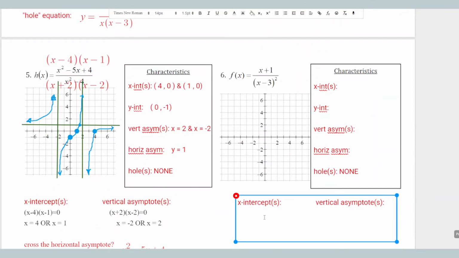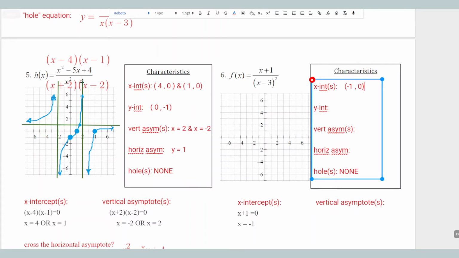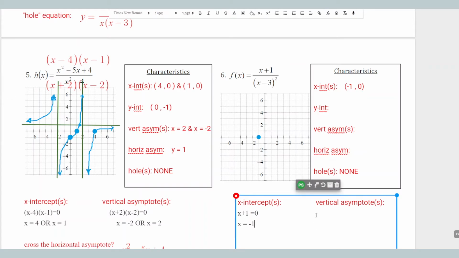So let's look at the x-intercepts. We're going to set the numerator equal to 0. That would be x plus 1 equals 0, so x is going to equal negative 1. My x-intercept here is going to be at negative 1 comma 0. For my vertical asymptote, I'm going to set the denominator equal to 0. Now, what I have is x minus 3 squared equals 0.